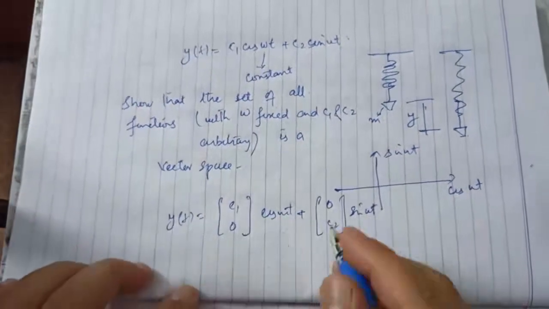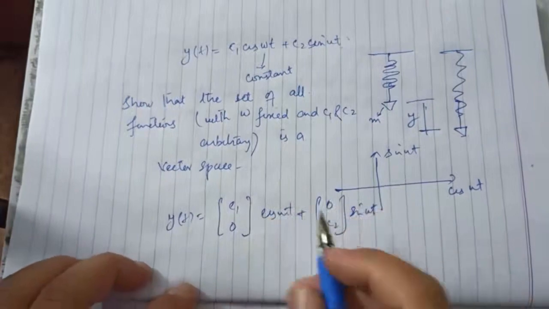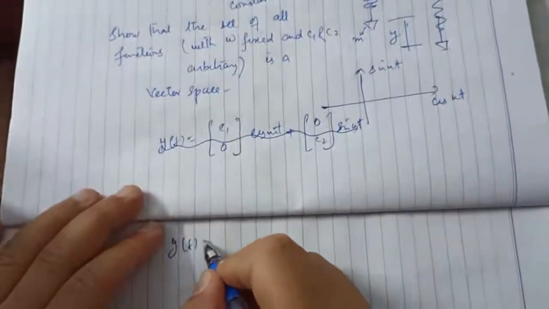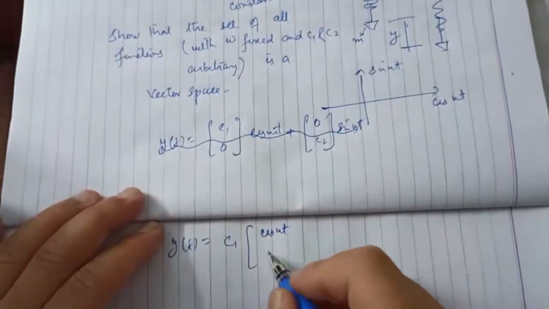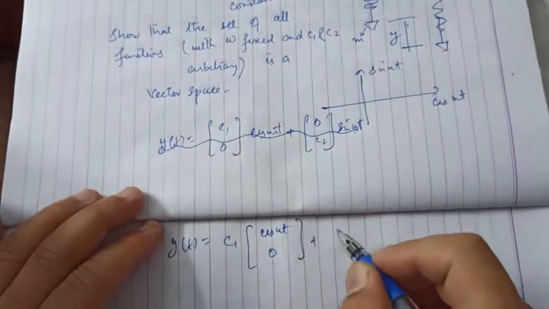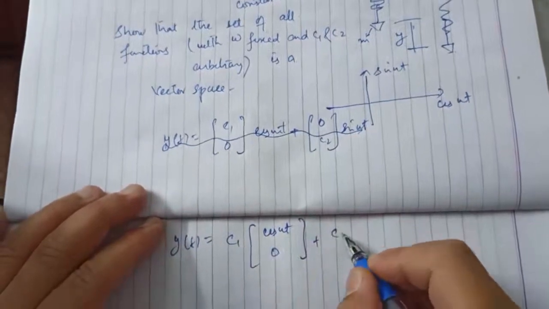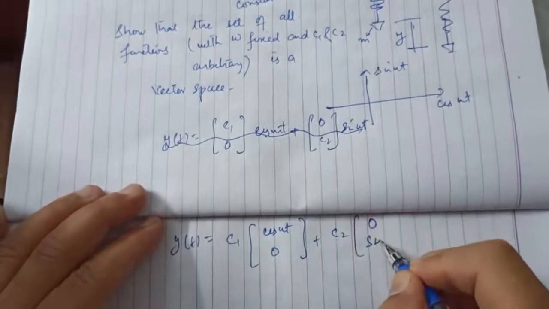Now the vectors that becomes, oh sorry, should have written it the other way around. That is y of t is c1 cos of omega t and 0, plus c2 times 0 and sine of omega t.